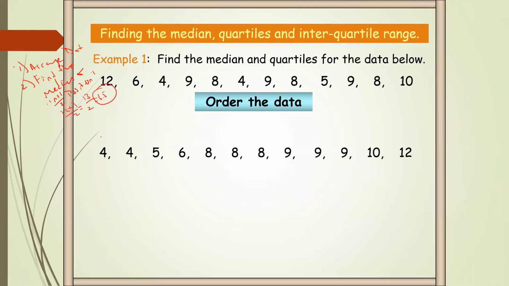Here's position 1, 2, 3, 4, 5. Here's position 6. Here's position 7. The median occurs right here, between these two values. So you would take the average of the two values on either side. So the median here, Q2, is the value 8. Right? Do people remember that from the online lecture? Yes.